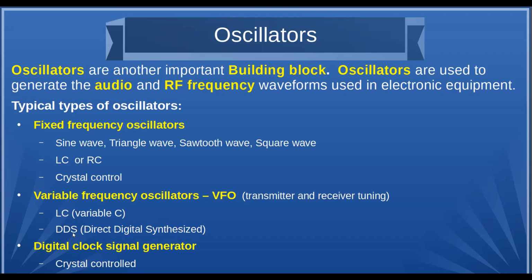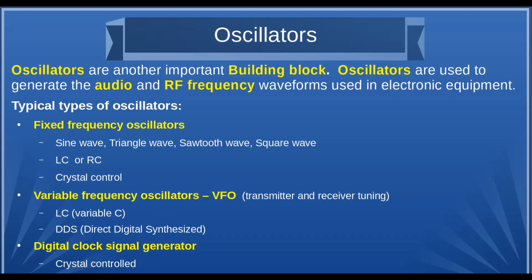And the newer ones, we have direct digital synthesized, which uses some digital techniques to actually generate a sine wave by referencing a sine wave stored in a fixed memory, all the different samples of a sine wave.